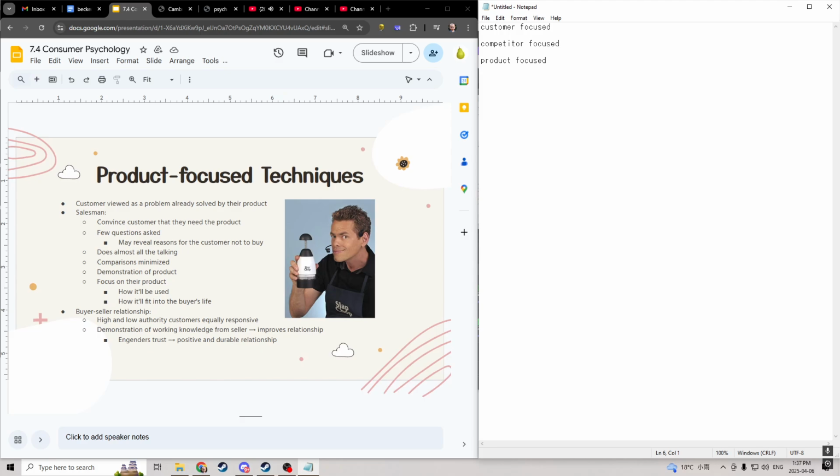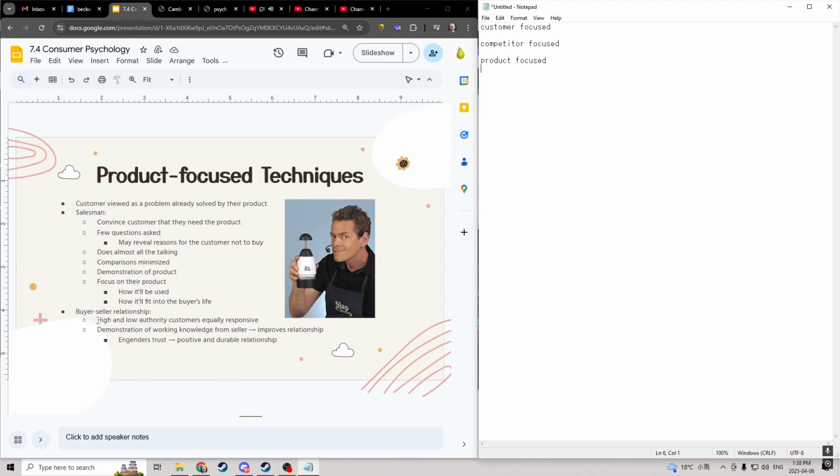So, customer is viewed as a problem already solved by their product. The salesman convinces the customer that they need the product. Very few questions asked, as that might reveal reasons why the customer shouldn't buy it. They do almost all the talking. They minimize comparisons, and they use demonstrations of their product. They focus on how their product will be used and how it'll fit into the buyer's life.